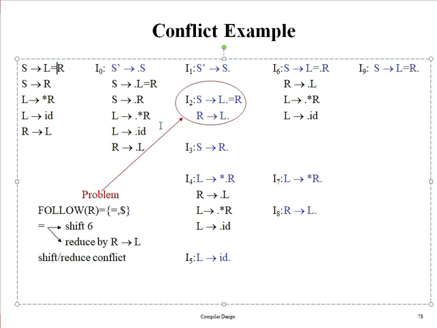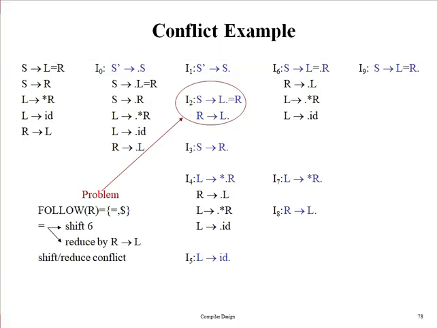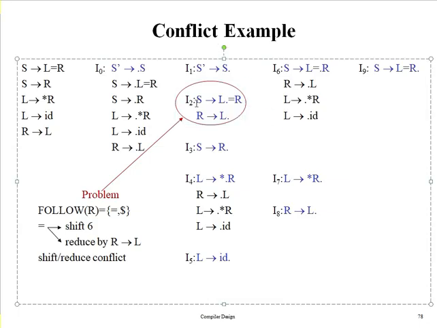And as you can see, even without constructing the parsing table, we can observe the existence of a conflict from these items. For example, I2 corresponds to the row labeled 2 on the SLR parsing table.